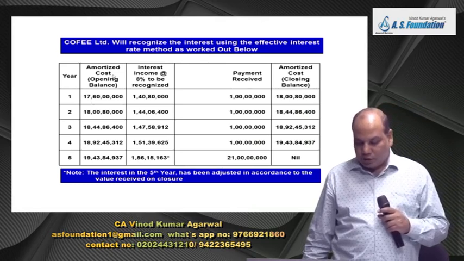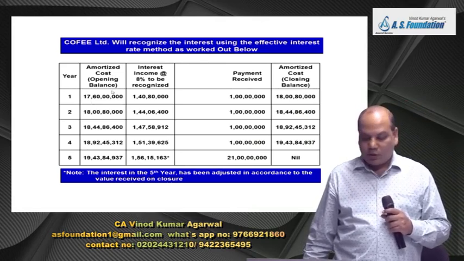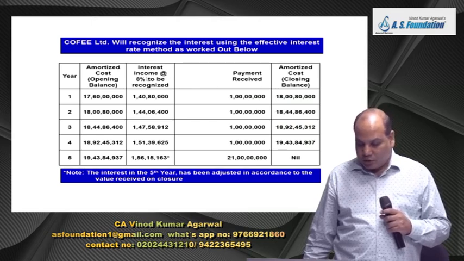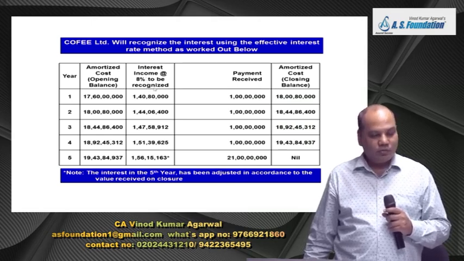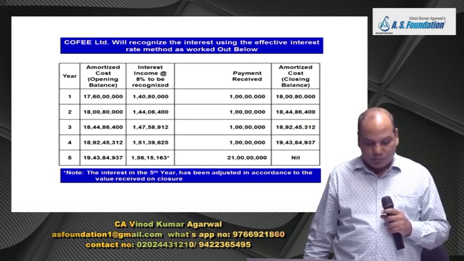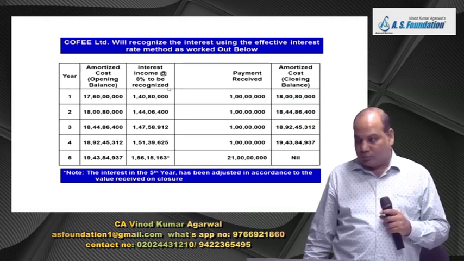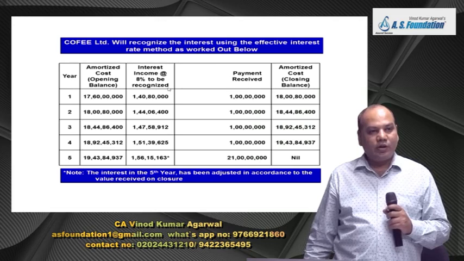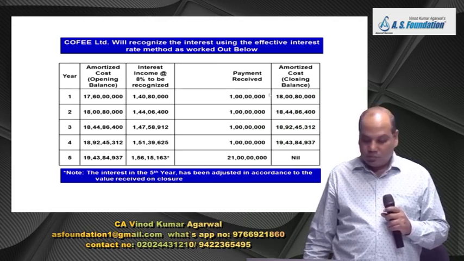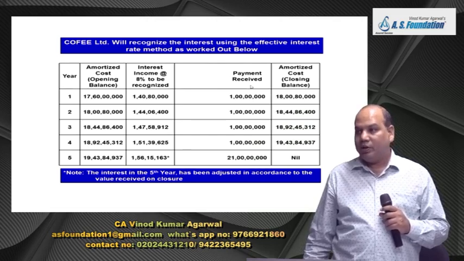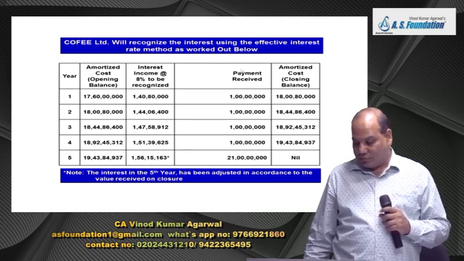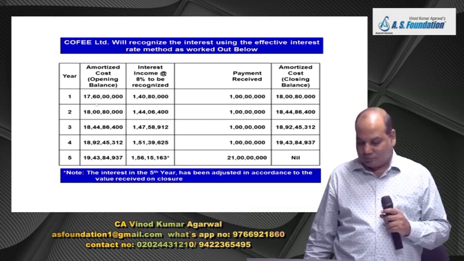Columns: year, amortized cost opening balance, interest income recognized at 8%, payment received, and closing balance, the amortized cost closing balance.